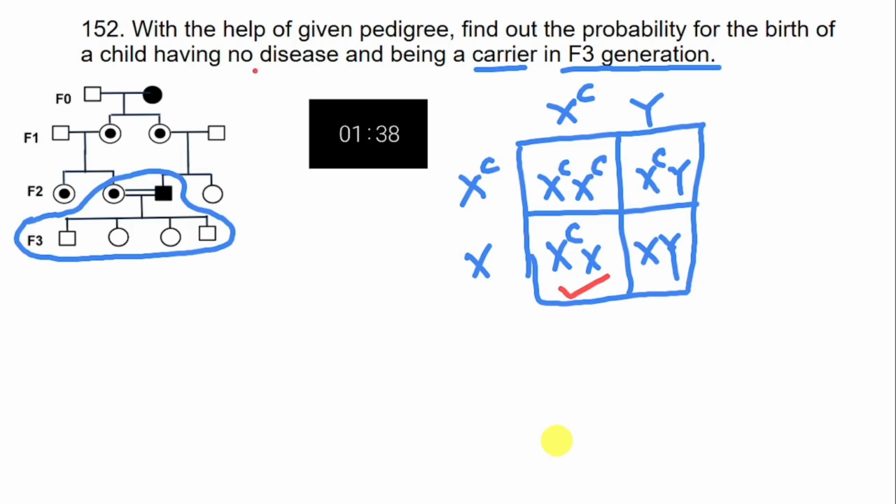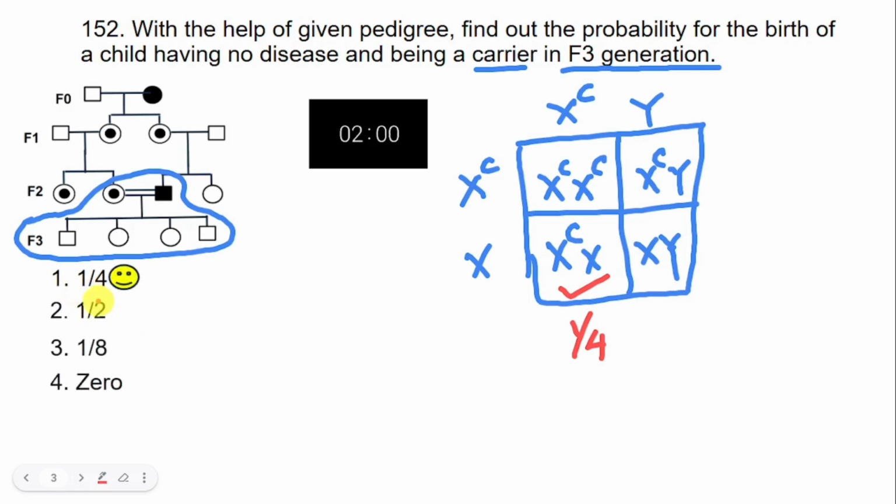Carrier will not show any disease, but they will definitely carry the defective allele. So out of 4, only 1 is a carrier. So you will have to say the probability for the birth of a child having no disease and being a carrier is 1/4. Check the options. See, the first option is the right answer to this question. Option 1.